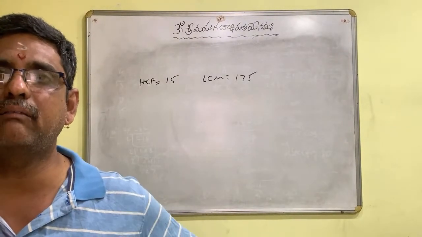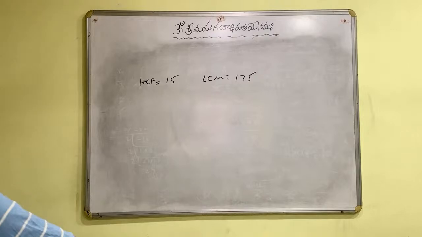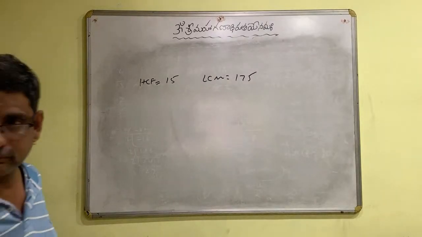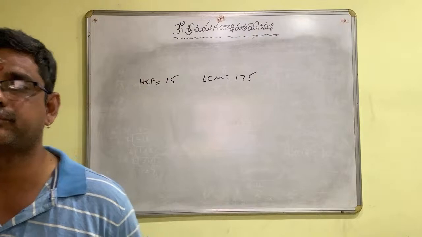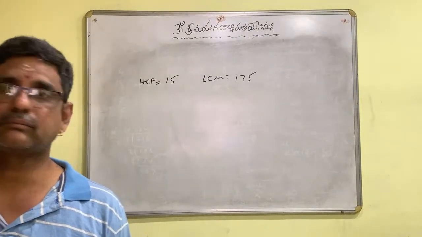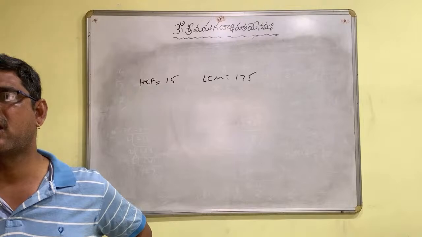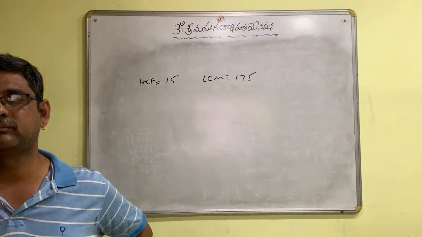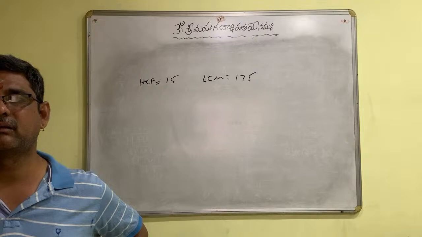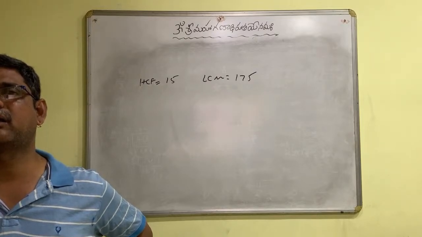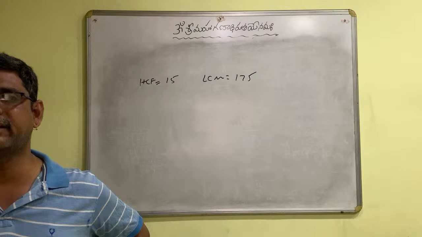Can two numbers have 15 as their HCF and 175 as their LCM? Is it possible? Give reason.